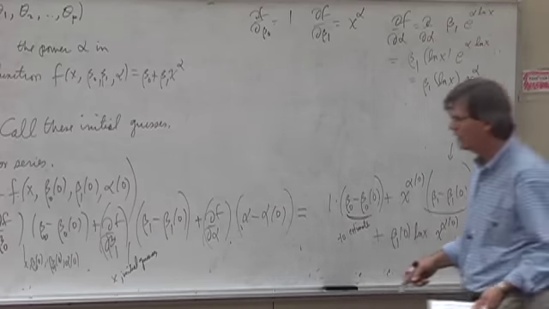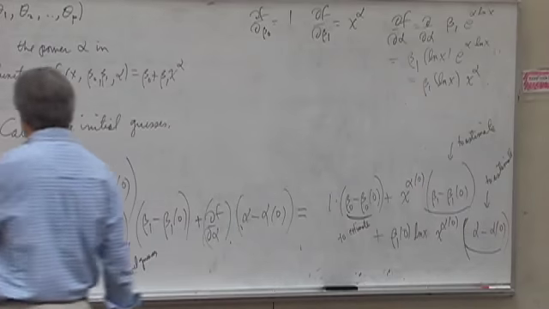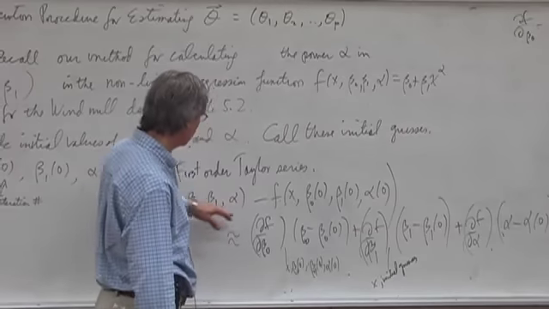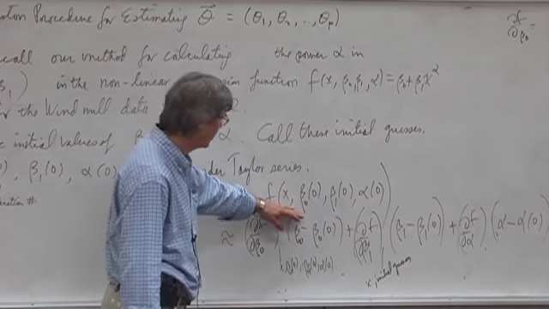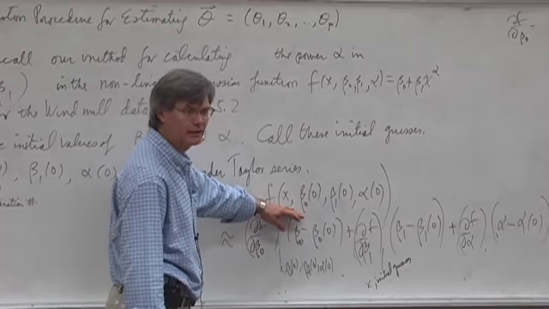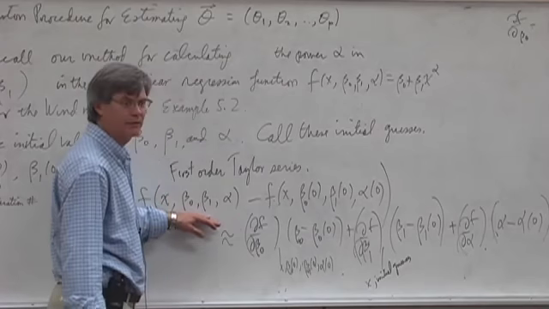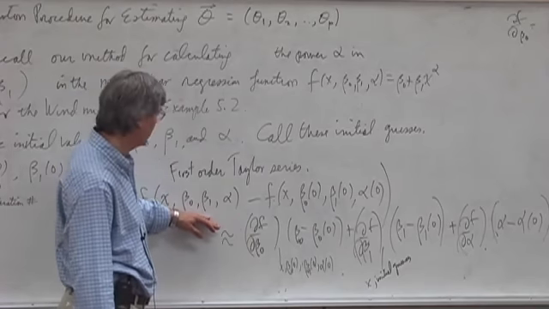What we have here, though, is not y equals that. This looks like the error. This is the fit, the initial fit. And here's a regression function, which we might think of as the actual y itself. It's actually y plus error.